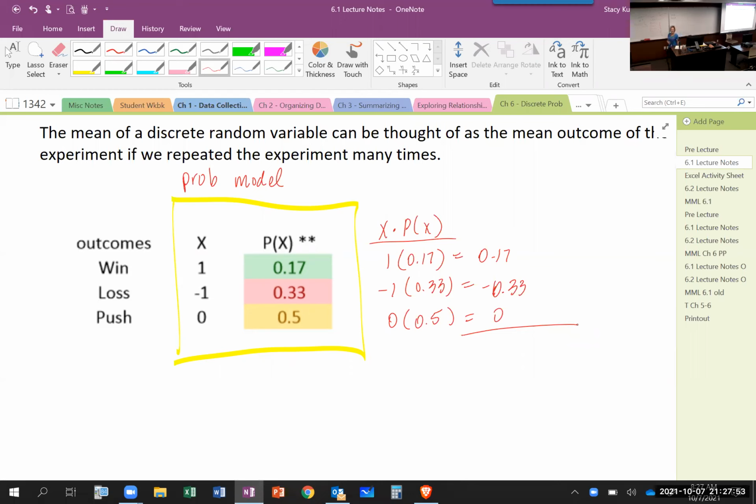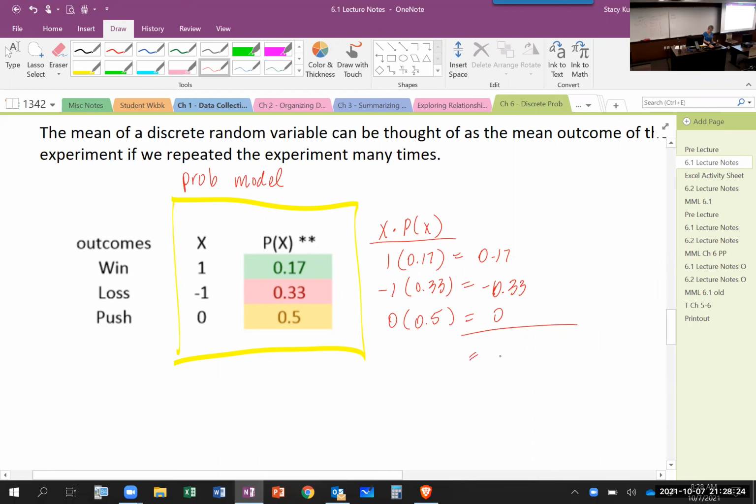Once I've multiplied them, I'm going to sum them. I'm going to add them all up, right? I'm taking the sum of this product here. So 0.17 plus -0.33 ends up being what? -0.16. All right, that's right.